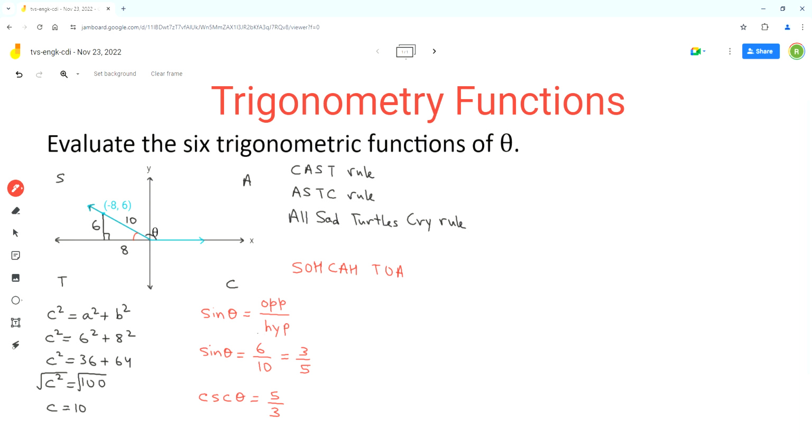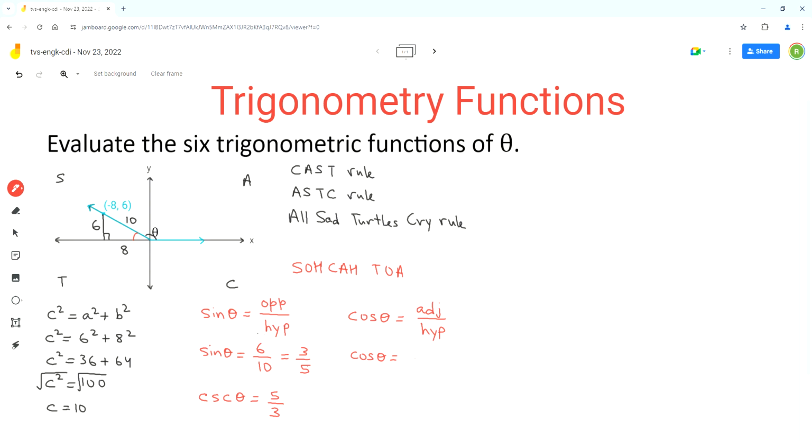Now we can find the cos ratio. The formula for cos is adjacent over hypotenuse. As I mentioned earlier, in second quadrant, only sine and cosecant functions are positive. So the cos function is negative.